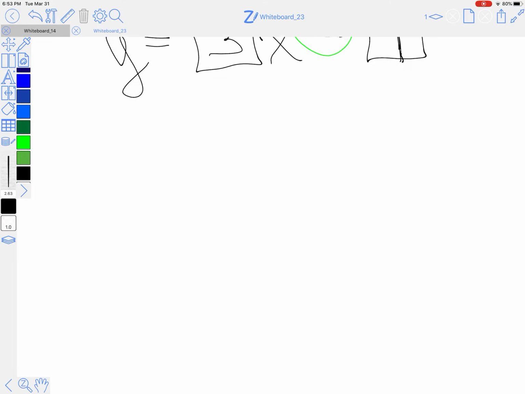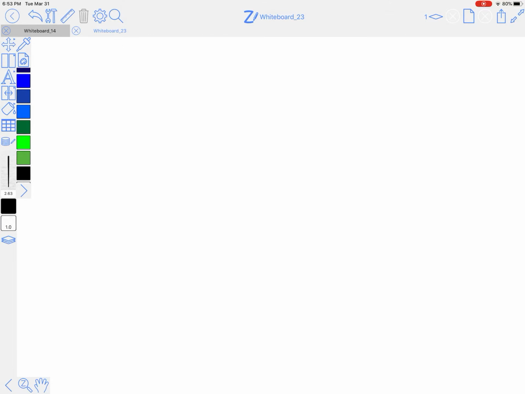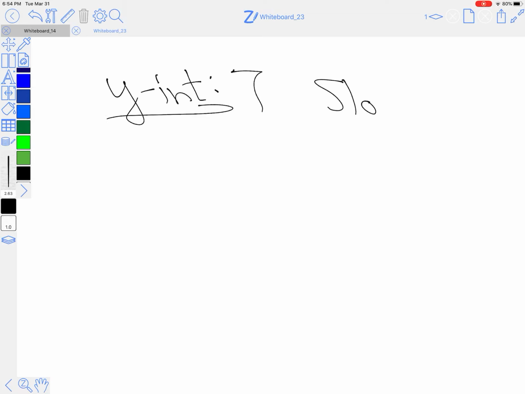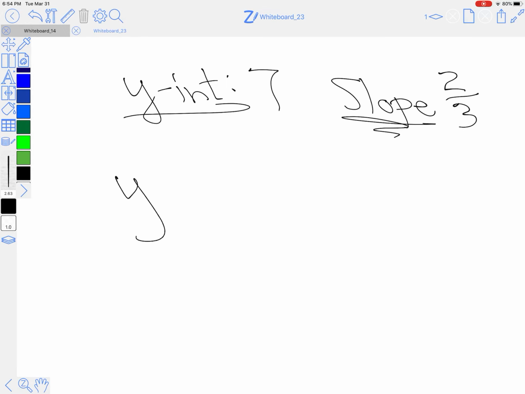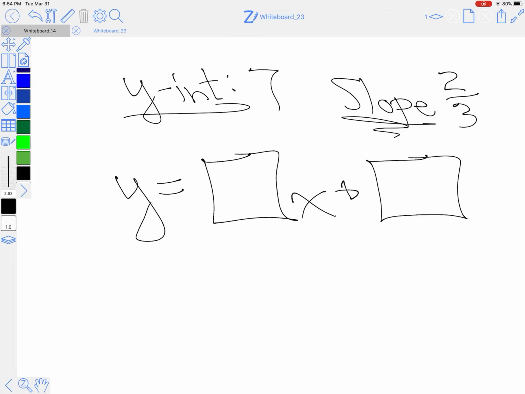A couple other things that are simple that they might throw at you. They might give it to you in reverse order and say the y-intercept is 7 and the slope is 2/3. Well, just make sure you pay attention, and you always know that the slope portion comes first, and then my y-intercept comes last.